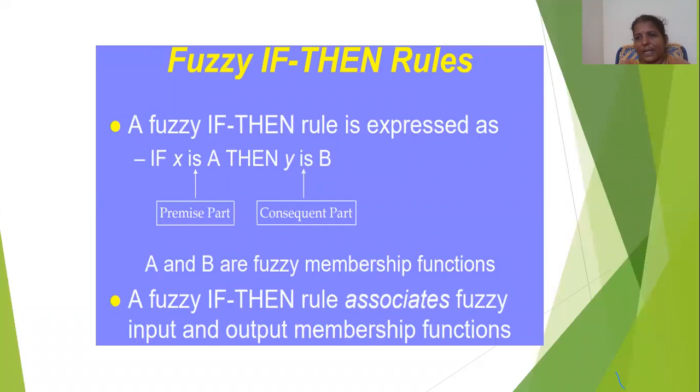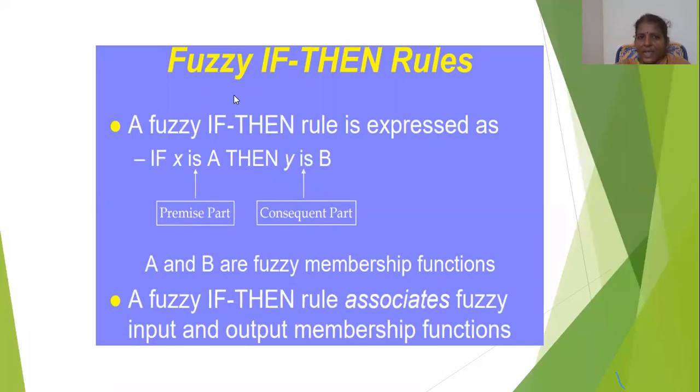Usually this if-then rule is expressed just like the if-then rule in any other coding. If so and so situation, then go for the other output. Here, if x is A, then y is B. Premise part and consequent part.